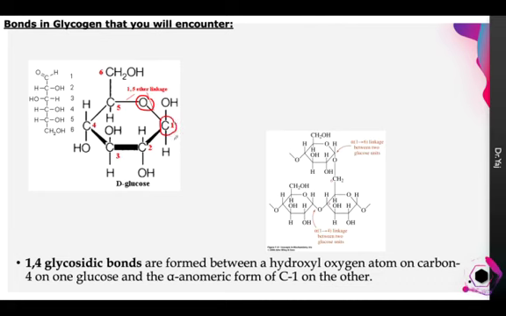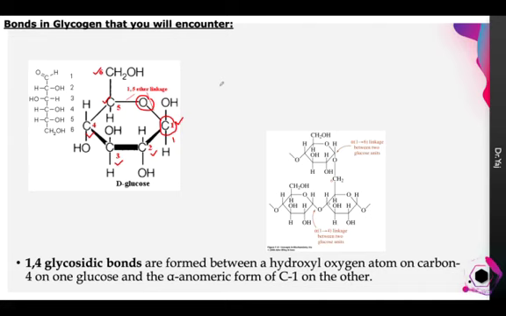We label this carbon as 1 and then successively count the carbons from it. So this is carbon 1, this is carbon 2, this is carbon 3, this is carbon 4, this is carbon 5, and this is carbon 6. Remember that the glucose molecule has 6 carbons because it's a hexose.